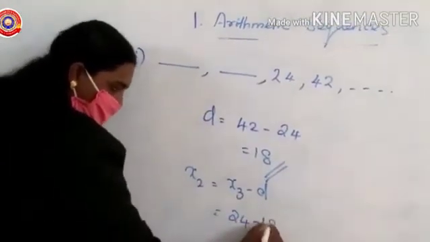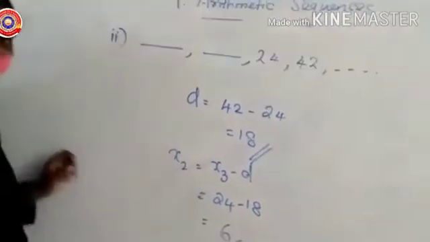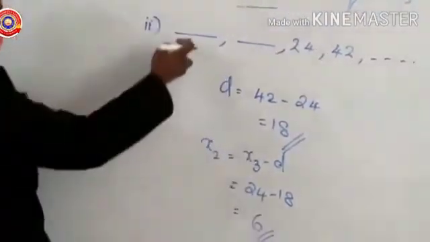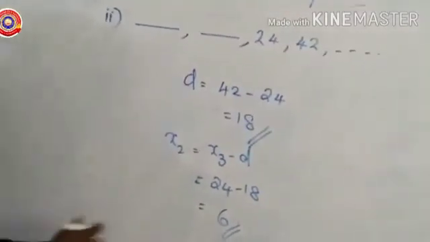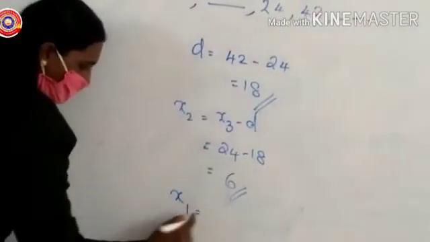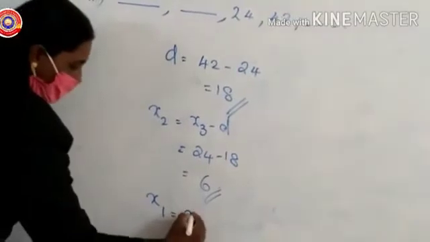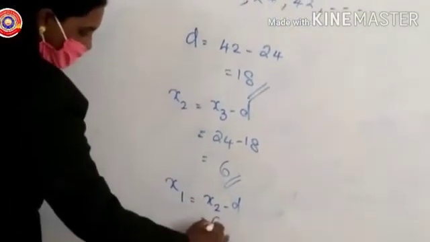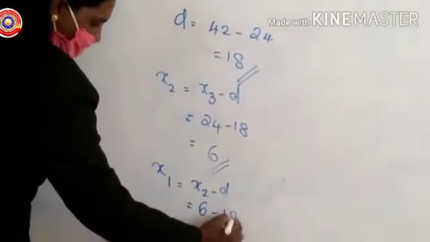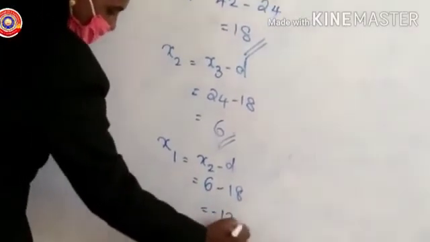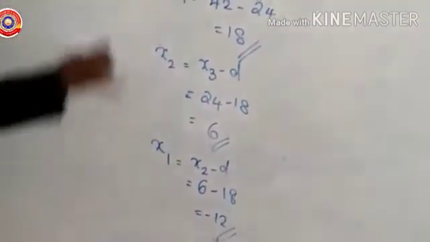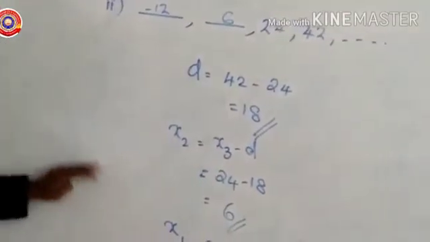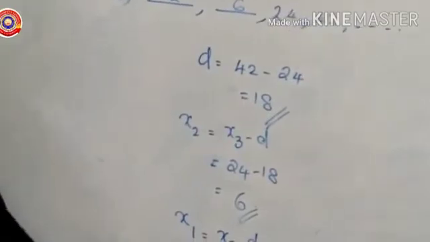That means 24 minus 18, it is equal to 6. How can we find the first term? Yes, very good. First term is equal to second term minus common difference. That means 6 minus 18 equal to minus 12. Here we got the complete sequence and second term 6. Is it clear for you children?